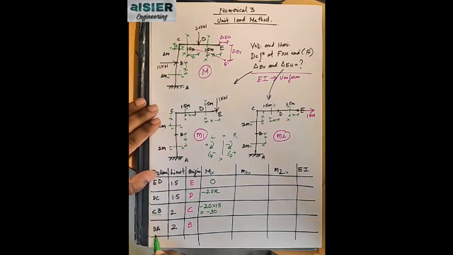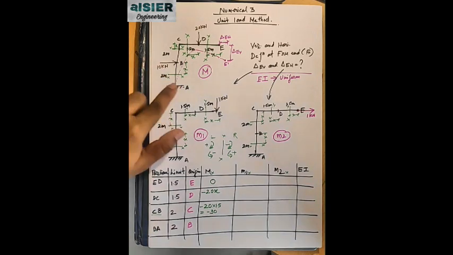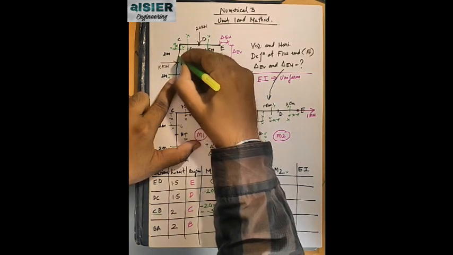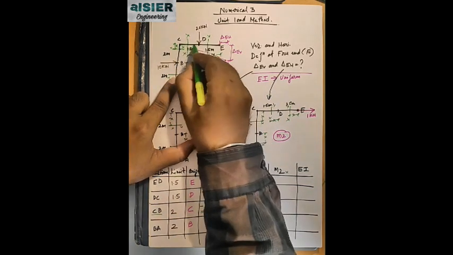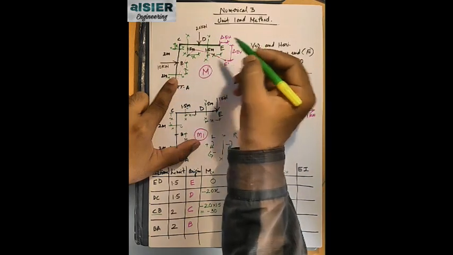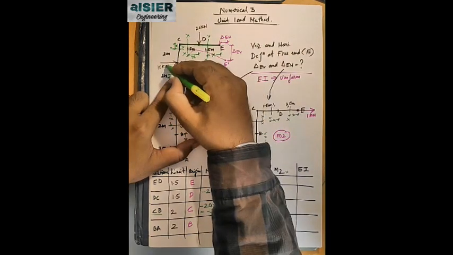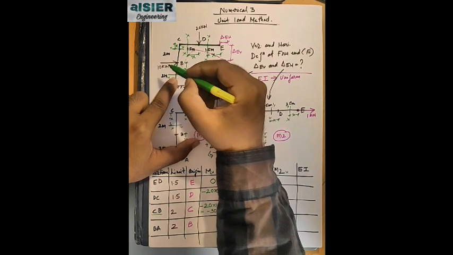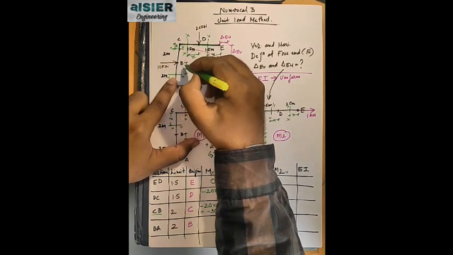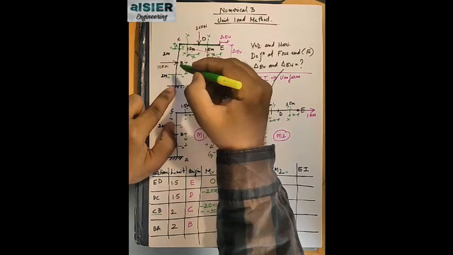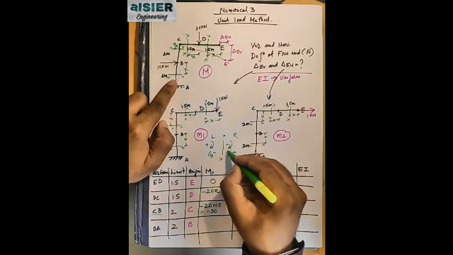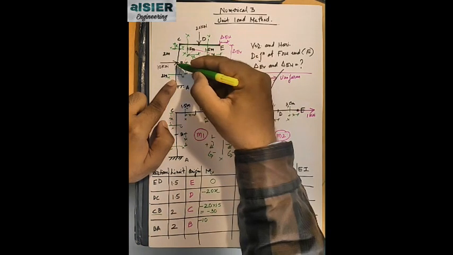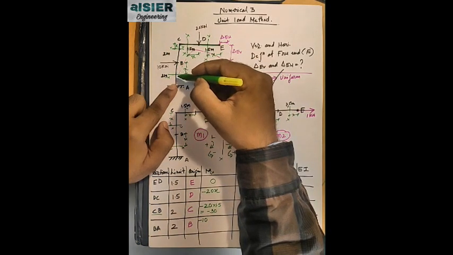Now we will go to region BA. So BA, this is the section, right? We will consider the right side of the section. So for the right side of the section, this is the area. Now how many loads are there? There is one load of 10 kilonewton and another load of 20 kilonewton. We will consider the first 10 kilonewton first. This 10 kilonewton is rotating clockwise about the axis and it is on the right side of the section, and therefore minus 10. What is the distance of this 10 kilonewton from the x-axis?